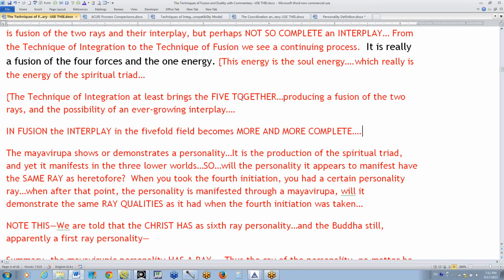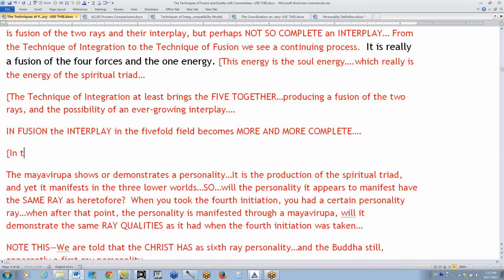So there is that type of continuity. Did I, in my earlier discussion, take the technique of integration too far? Well, as I say, there is the merging of the soul ray and the personality ray. It depends on what this merging means.